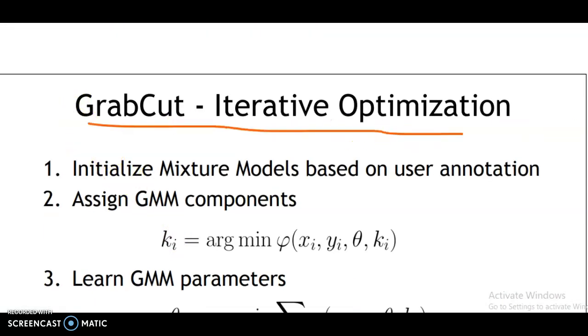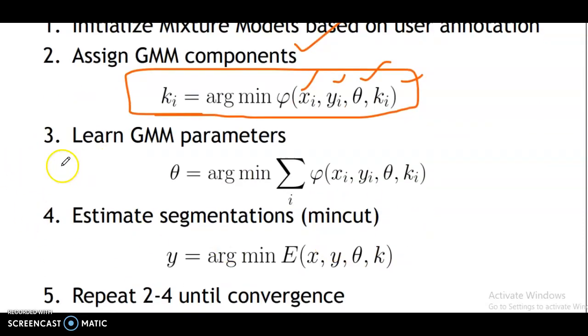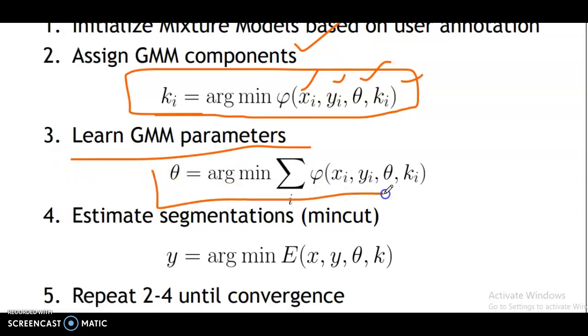Graph cut iterative optimization. Initialize mixture models based on user annotation. Assign GMM components: ki equals argmin of pi of xi, yi, theta, ki. Learn GMM parameters: theta equals argmin of summation over i of pi of xi, yi, theta, ki.